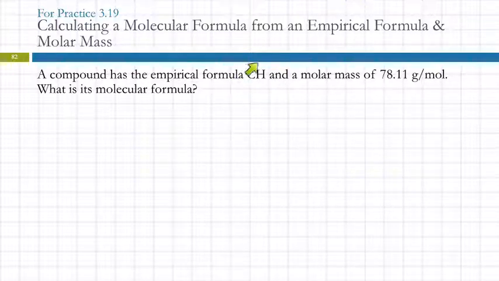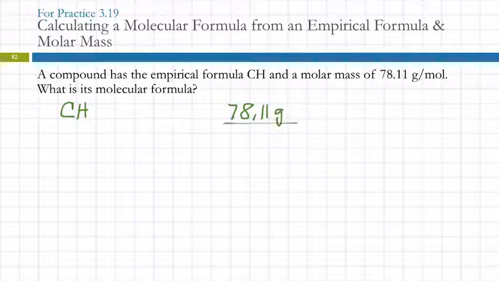So we've got this empirical formula, CH, and we're given 78.11 grams per mole, the molar mass of the molecular formula. So what I want to know is how many times does CH fit into the molecular formula?